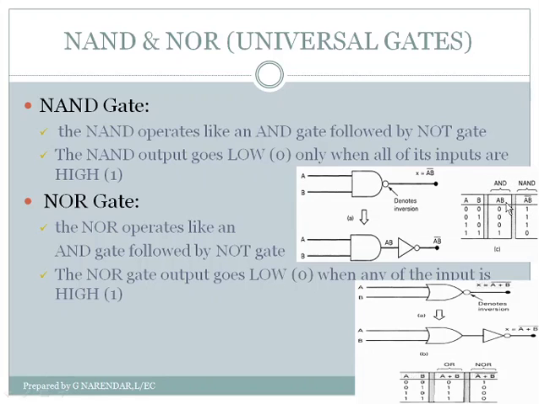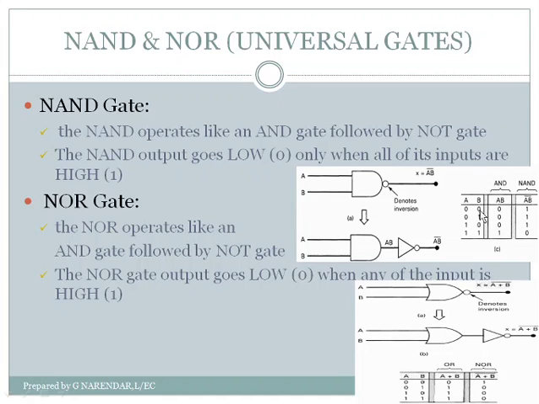If the input variables are A and B, the output of the AND gate will be A dot B, or simply AB, and the output of the NAND gate will be the complement of the AND gate, that is AB bar. If we want only the truth table of the NAND gate, we can ignore the AND column. It is just shown here for comparison and convenience.